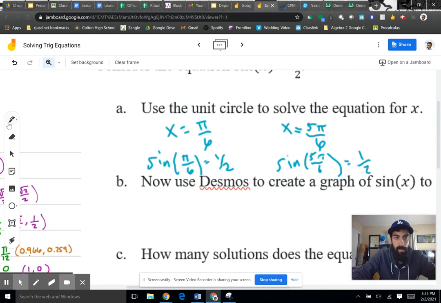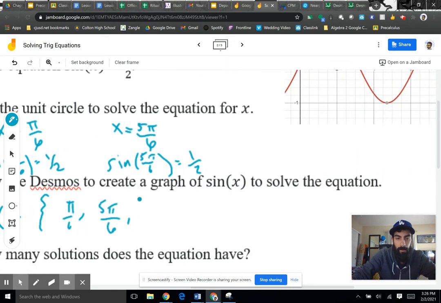When we have multiple solutions like this, we can write it as a list. We know that x will be equal to the list of numbers that includes pi over 6, 5 pi over 6, and we can keep going. Sorry, not 7 pi over 6.